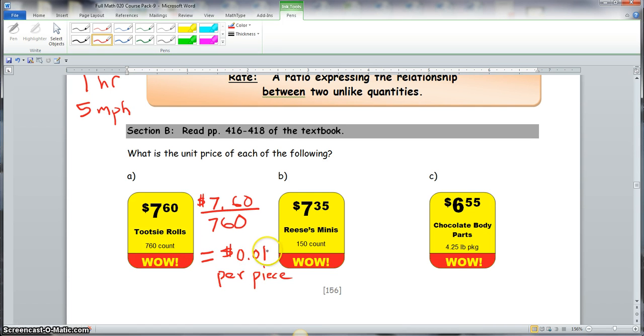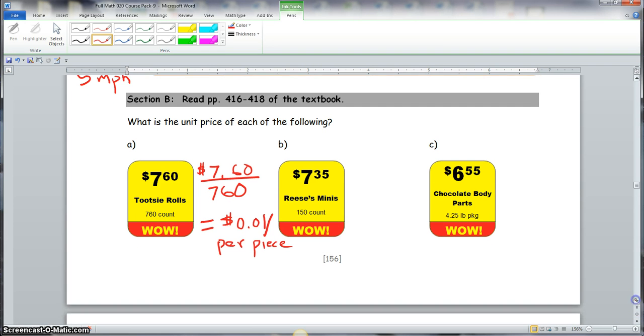Either one is fine, and we typically put a slash here to denote that these two are the same. I did not have enough space, so let me rewrite this. We will put 1 cent per Tootsie Roll. So you're paying a penny per Tootsie Roll.